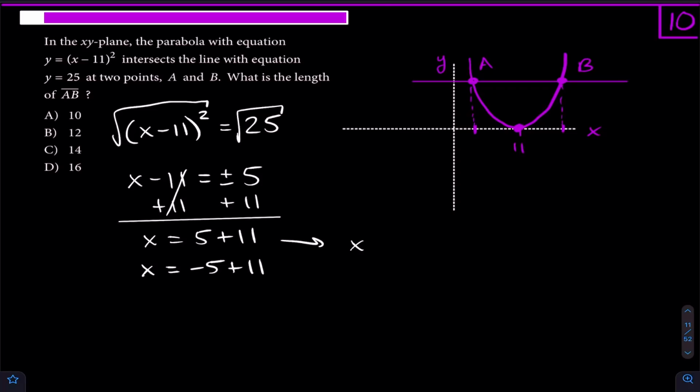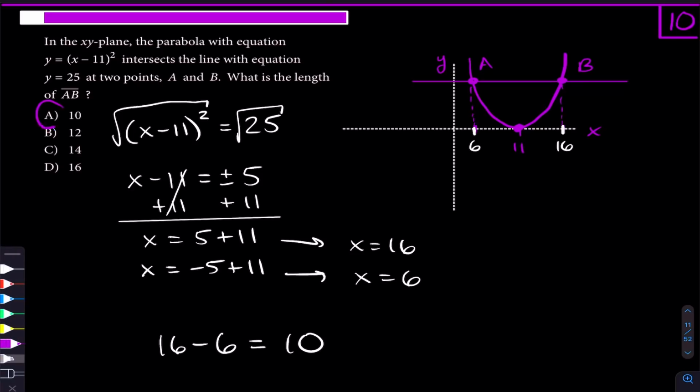And so x is equal to 16, and x is also equal to 6. So we know the x-coordinate here is 16, the x-coordinate here is 6, and therefore the distance between them would be 16 minus 6, and that's 10. So there you go. That is your next set of 5 problems.